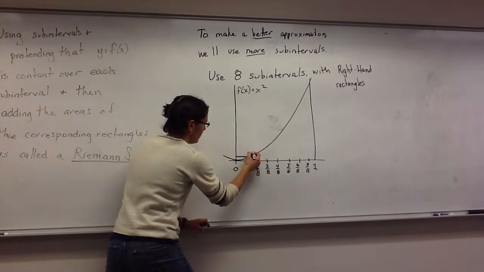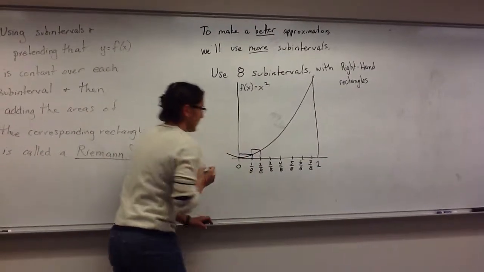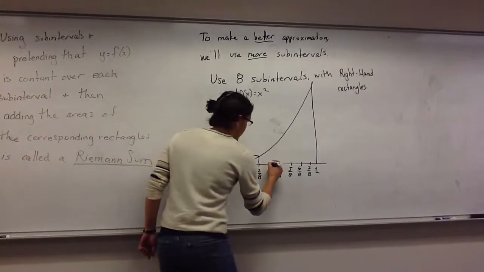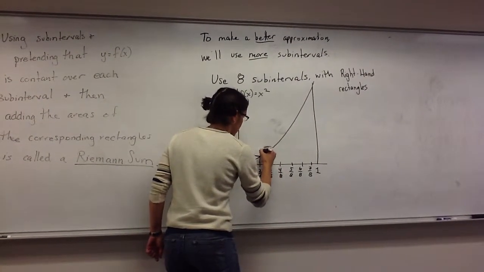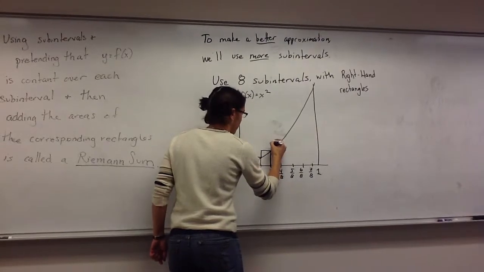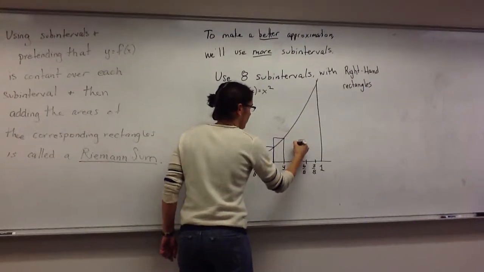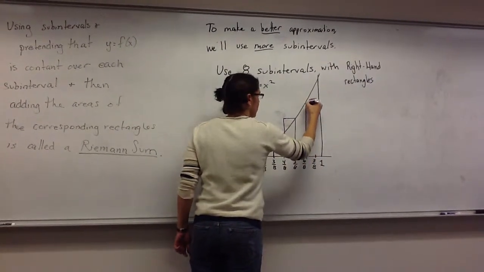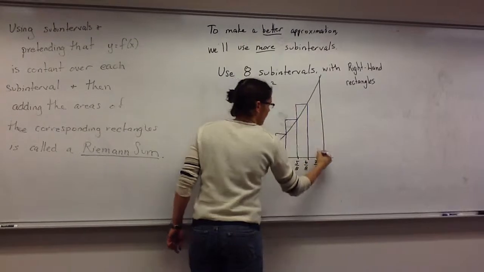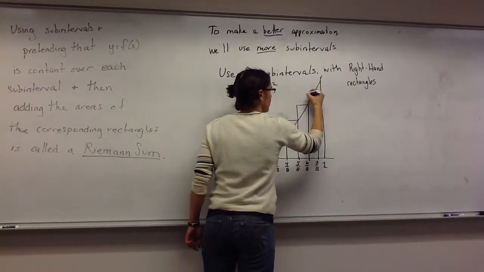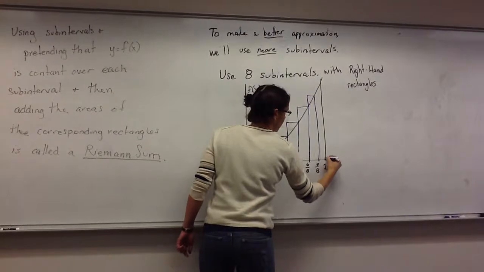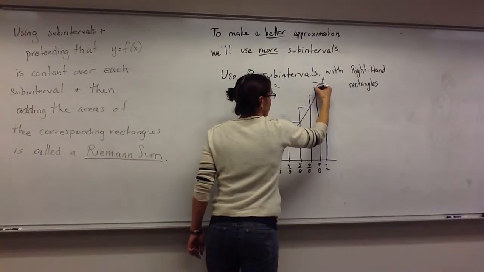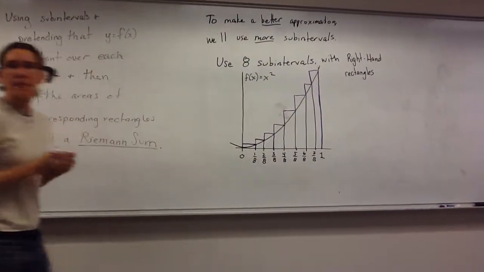My next one over will touch the function at x is equal to 2/8. And then we've got our third rectangle, and our fourth, and our fifth, and the sixth, and the seventh, and finally the eighth. And if this were a perfect picture, then every single rectangle would look like it had the same width, but different heights.